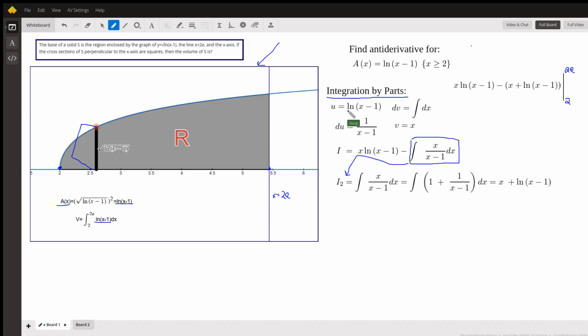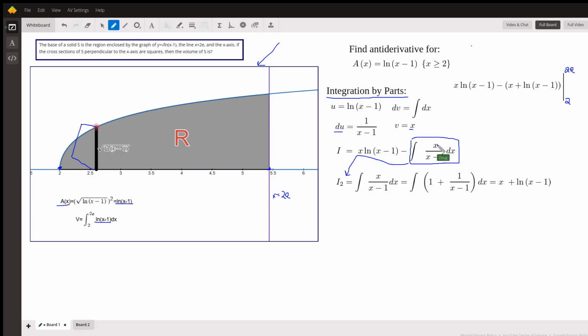So if we let u equal ln of x minus 1 and dv equal the antiderivative of everything else, which will just be dx, then du is 1 over x minus 1, v is x. So using the integration by parts formula, that integral or antiderivative is u times v, x ln of x minus 1, minus the indefinite integral of v du.